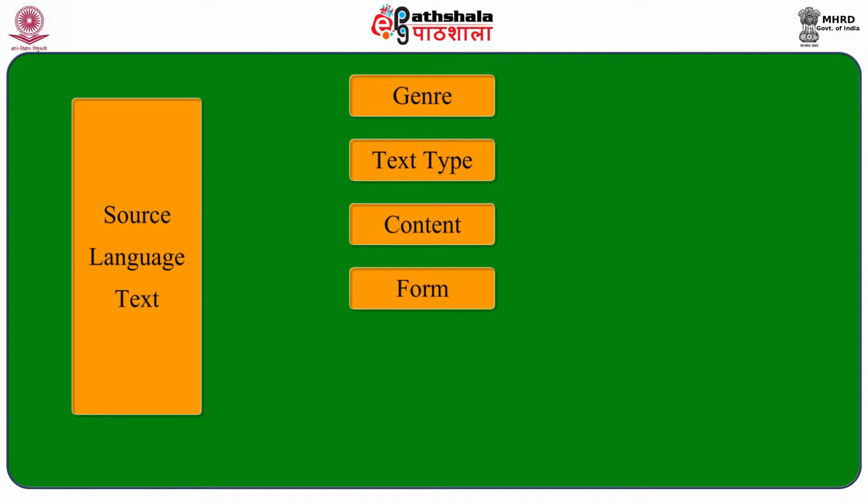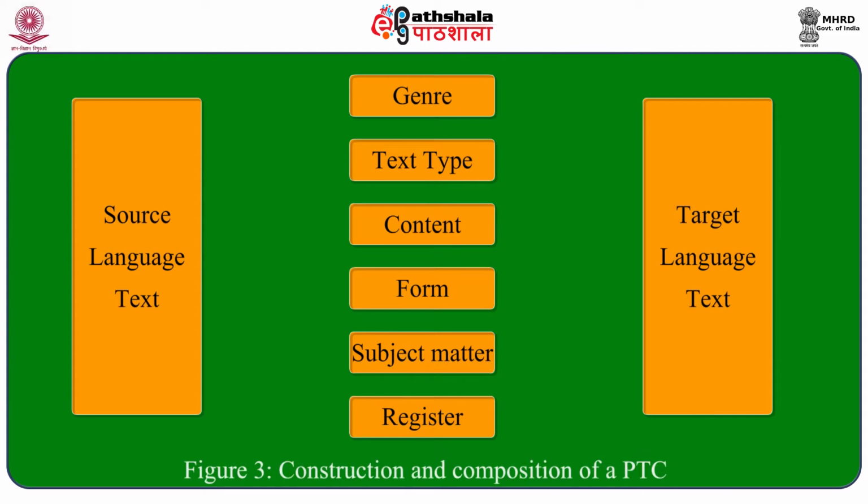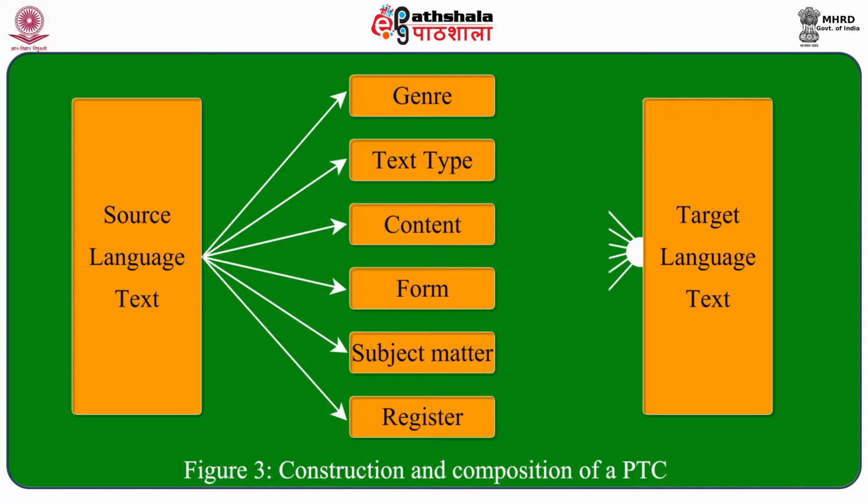Both source language text and target language text should be equal in genre, similar in text type, identical in content, similar in form, similar in subject matter, and equal in register. These 6 important parameters are often followed rigorously while trying to develop a parallel translation corpus.